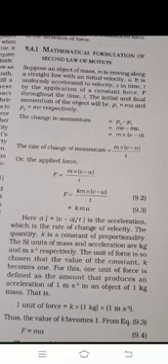Here a equal (v minus u) by t is the acceleration, which is the rate of change of velocity. The quantity k is a constant of proportionality. The SI units of mass and acceleration are kilogram and meter per second square respectively. The unit of force is so chosen that the value of the constant k becomes 1.